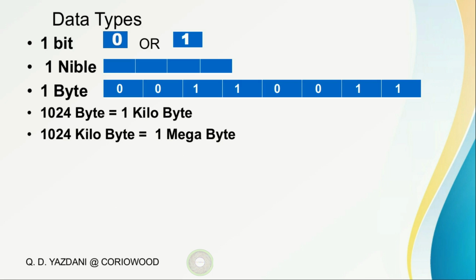Back then 1024 bytes, 1 kilobyte, was the medium we had, and 1024 kilobytes, 1 megabyte, was the biggest we had. So if you could solve anything inside this 1 megabyte, you were the champion.